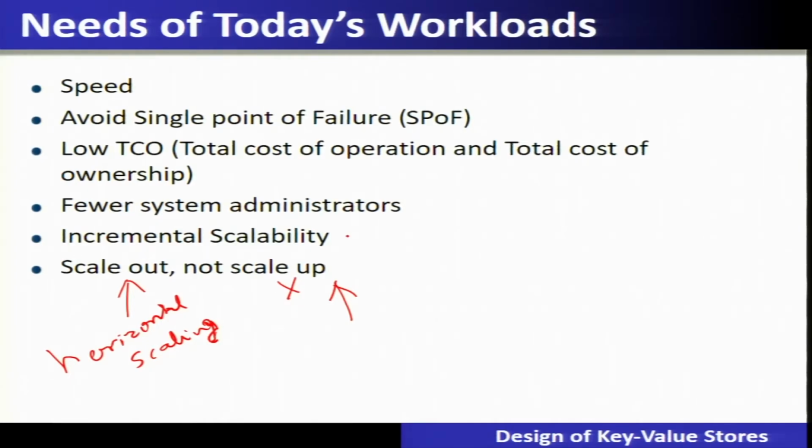Another thing is incremental scalability, which is supported by horizontal scaling, and fewer administrations means most of the operations are automatic, with a low total cost of operation and ownership. Therefore, a lot of cloud providers, let us say Azure and AWS, provide this kind of solution: avoiding single point of failure and high speed.